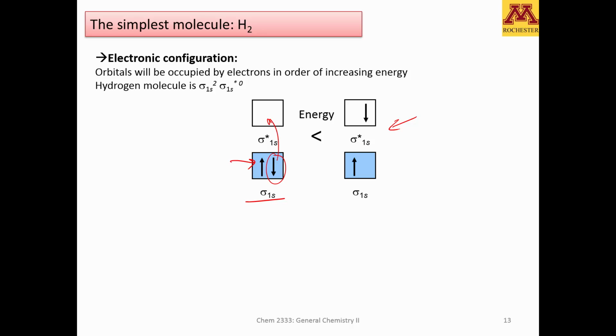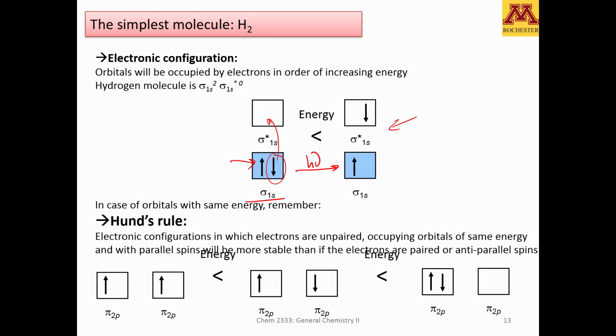So the molecular orbital diagram that you see on the right has a higher energy and therefore is less stable. One can go from here to here, usually with a laser or with some light, and if you put too much light, you may even ionize the molecule.